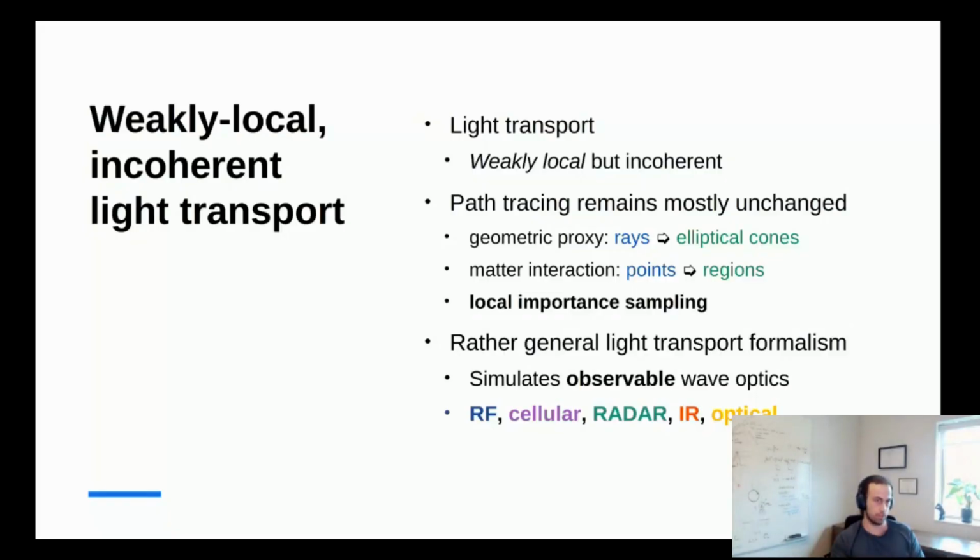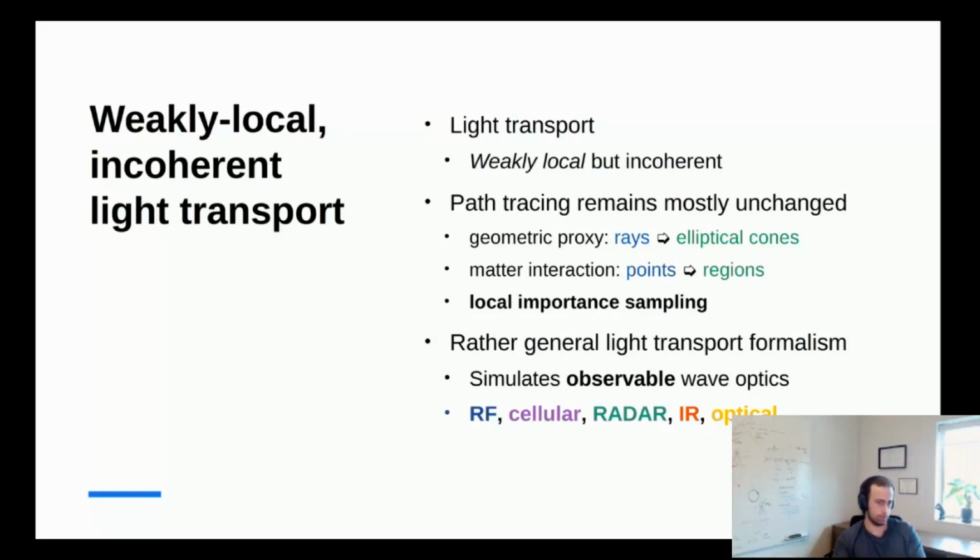Conceptually, the primary thing that changes is that the geometric proxies of light particles are no longer rays, they now become elliptical cones. Matter interactions are no longer at singular points, but over regions. I also forgot to say the path integral formulation has also been generalized to the weakly local case. I didn't show it because it is very similar to the classical case.